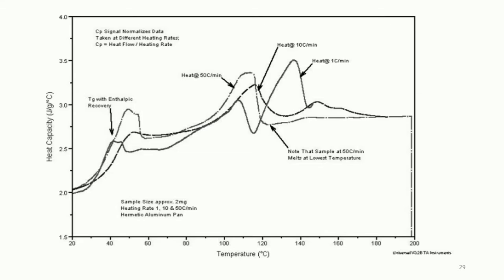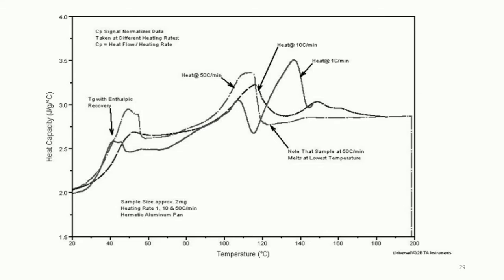Results show that only 50 degrees Celsius per minute possesses a single melting peak. This means that the sample must be run at 50 degrees Celsius per minute in order to measure the original crystalline form of the drug instead of other polymorphs that form at slower heating rates.